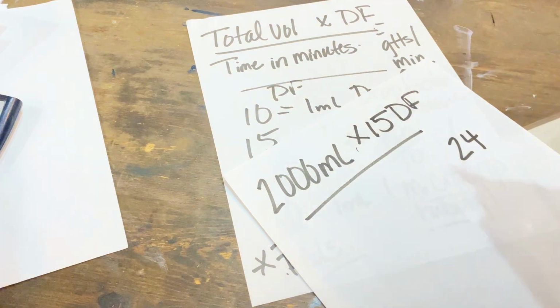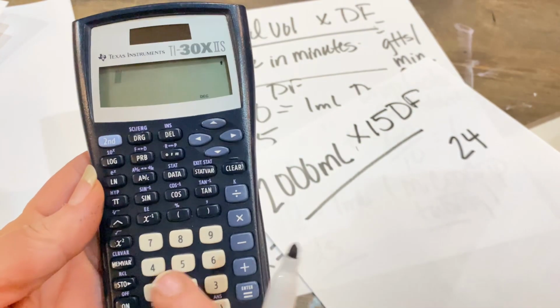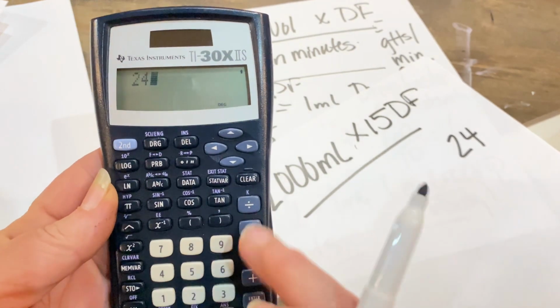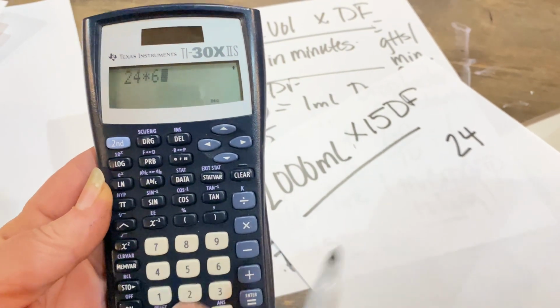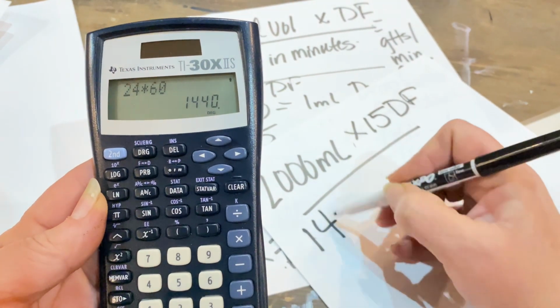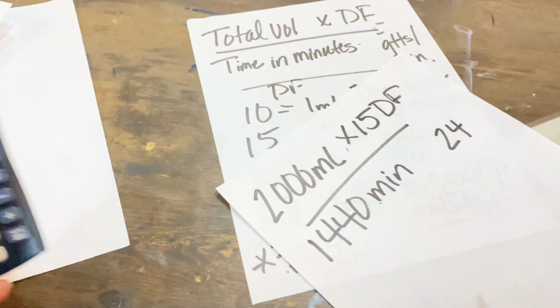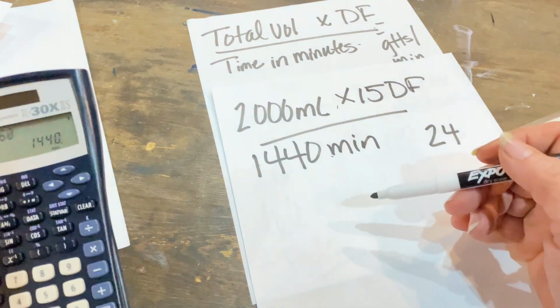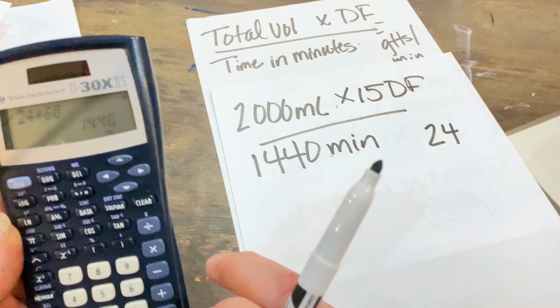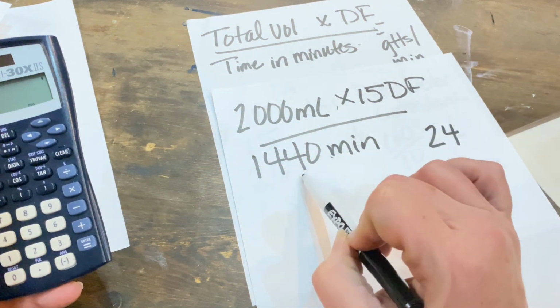Okay, so let's just, because we can, do 24 times 60. It's 1440 minutes. And we're not freaking out. Those are big numbers, but we have our handy calculator. So we're going to do all the math on the top and then divide it by that.